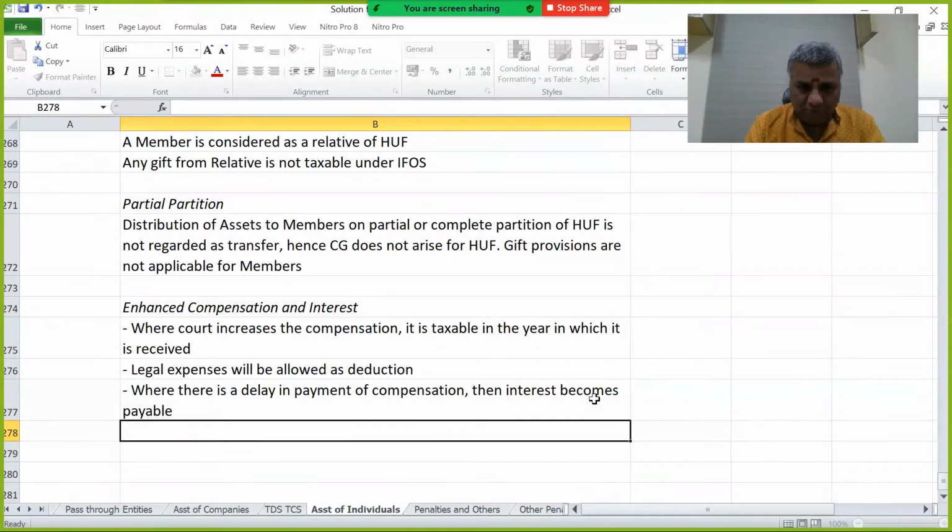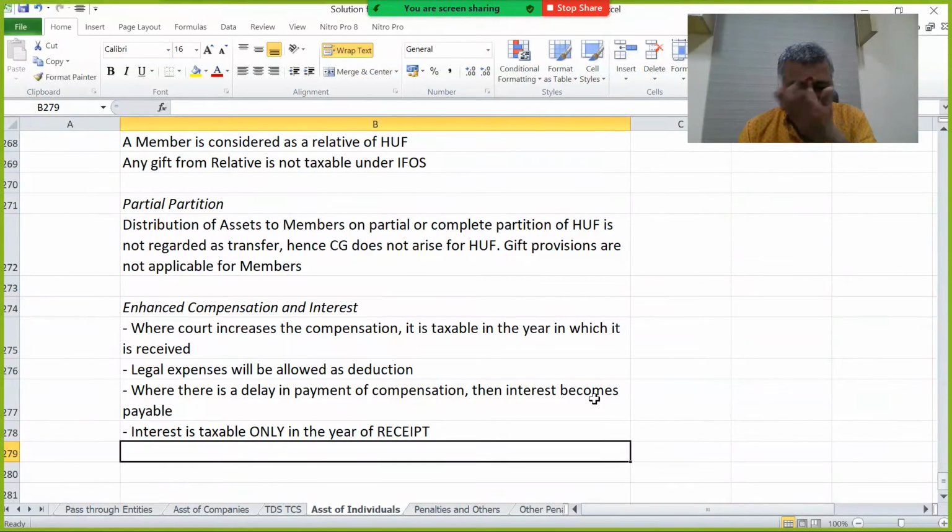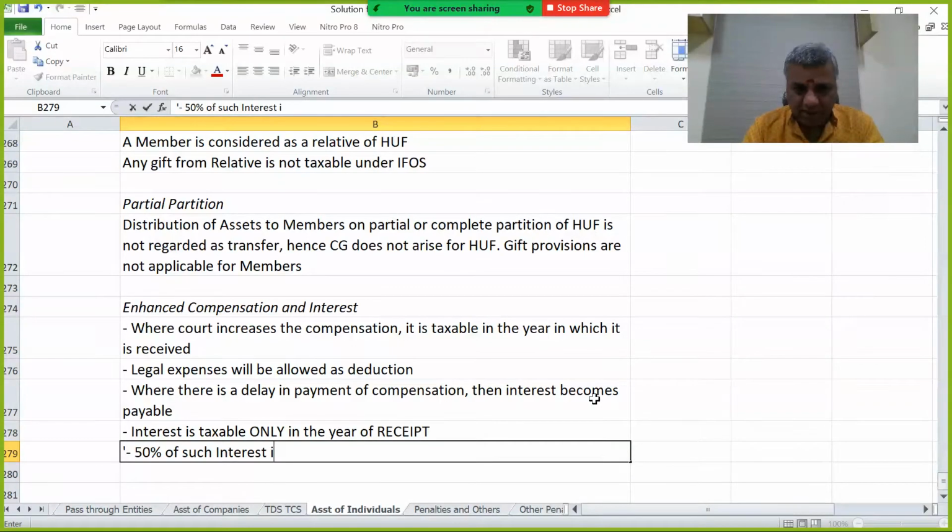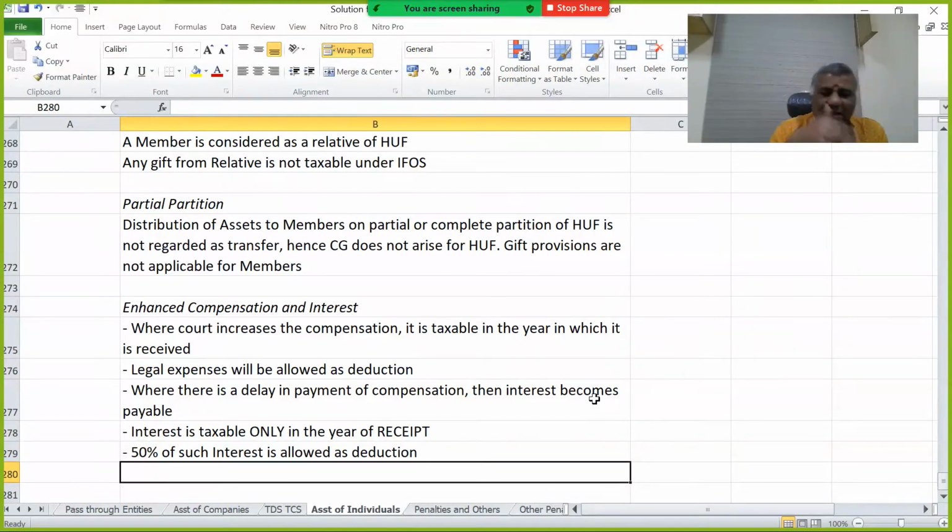The provision says interest is taxable only in the year of receipt. 50% of such interest is allowed as expense deduction. A flat 50% is allowed as deduction. Store it in your mind.